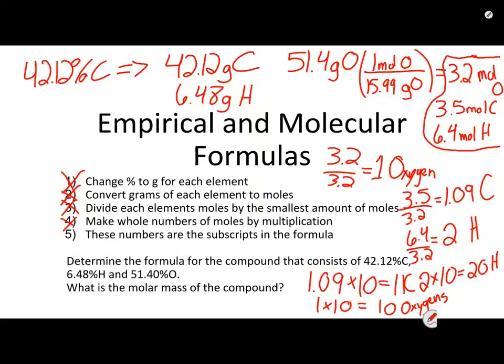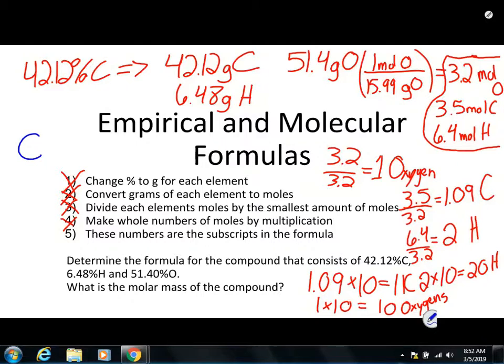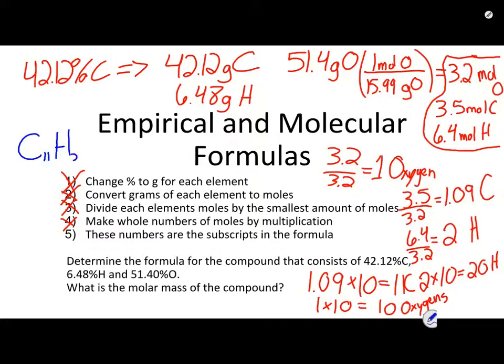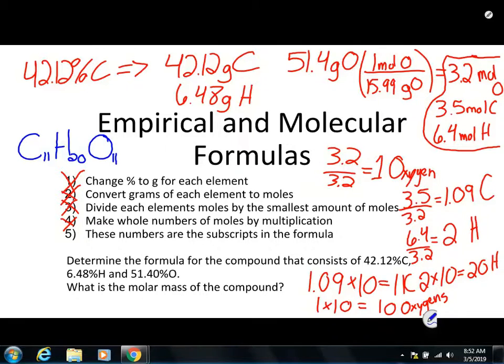Now we just need to throw these into my formula. So using those whole numbers I just found, 10, 11, and 20, I'm going to make my empirical or molecular formula. So I'm going to have C11, H20, and 10 oxygens.